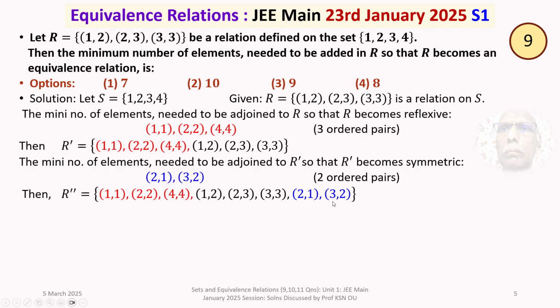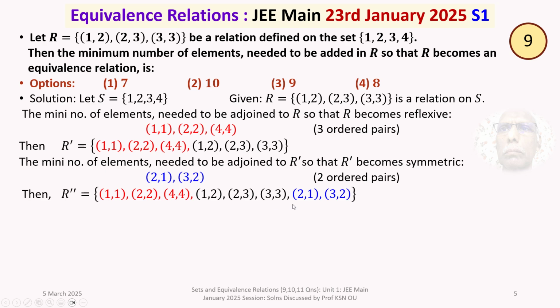Is (1, 3) in this? No. So we have to adjoin that element. But you want an equivalence relation, so it should also be symmetric. When you adjoin (1, 3), (3, 1) also you have to adjoin. And look for the transitivity again.